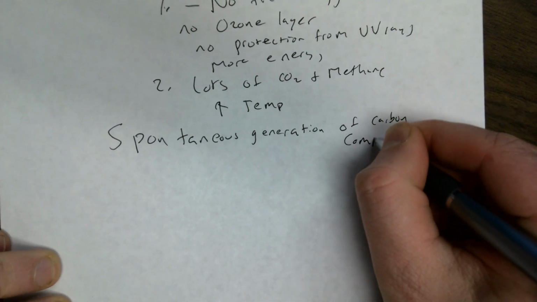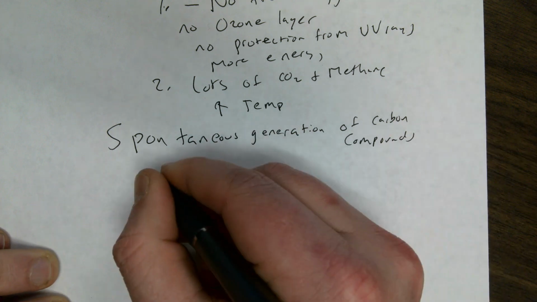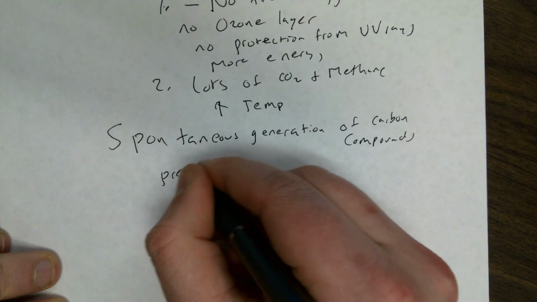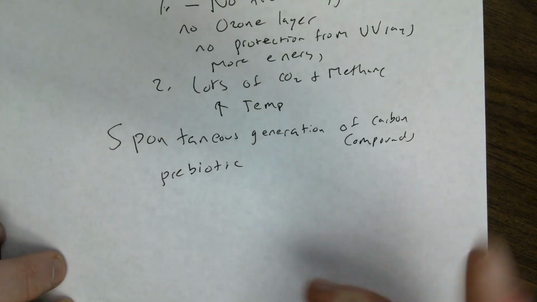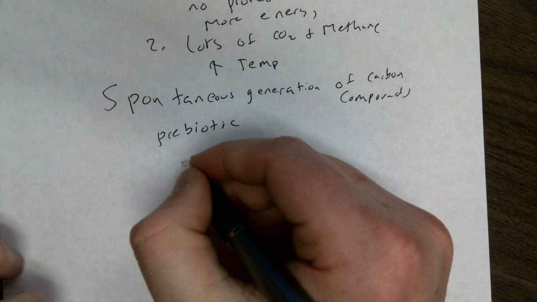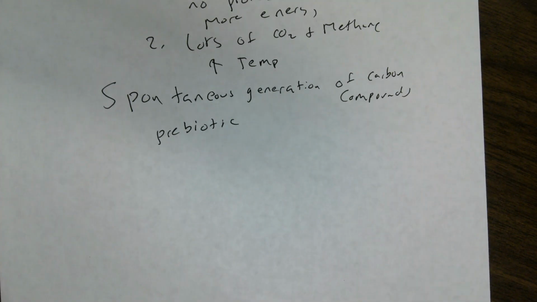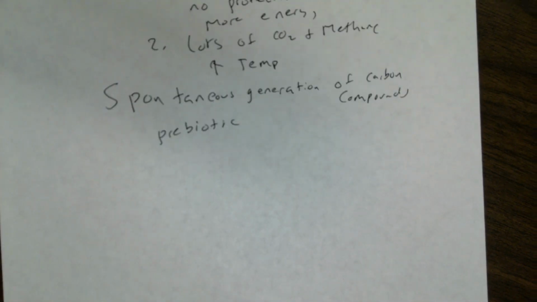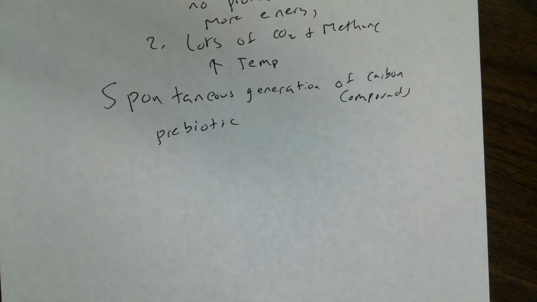And these would be known as prebiotic because they were before living things. So we saw some very primitive carbohydrates and lipids start to form spontaneously because of that extra energy. And so these eventually would have led to the origin of cells.